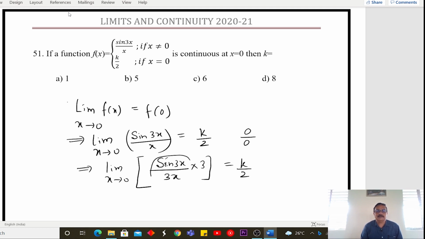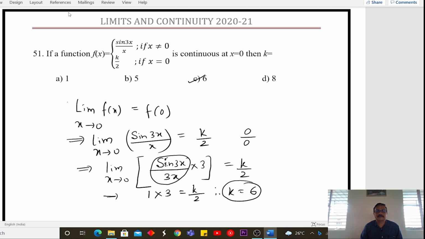But you know the limit of sin theta by theta as theta tends to 0 is 1, so 1 into 3 is equal to k by 2. Therefore, cross multiply, k is 3 twos are 6. So the value of k is 6. Option C is the right answer.